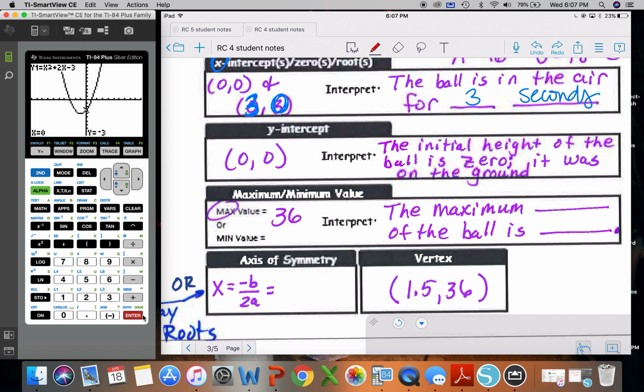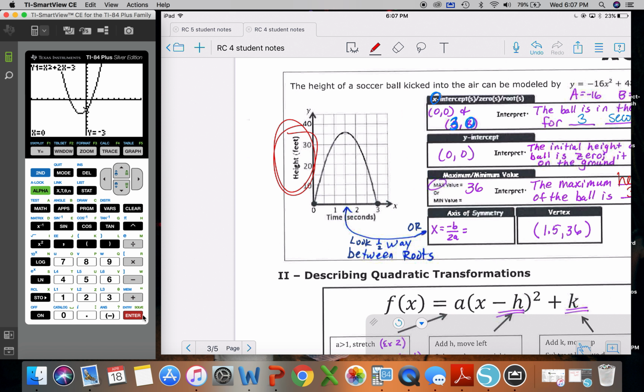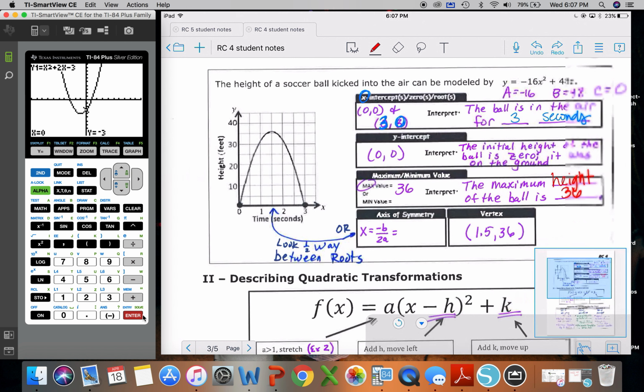So the maximum height of the ball is 36. Because remember, the word value means y. My y-axis is height. So my maximum y value, which means height, is 36.